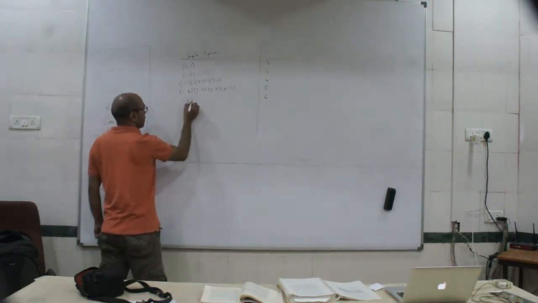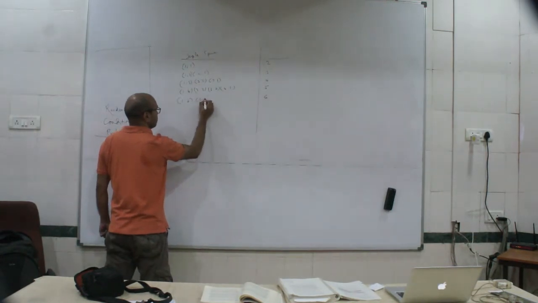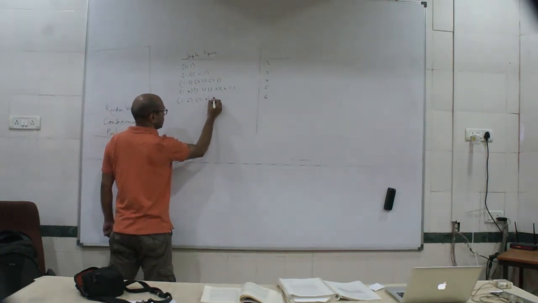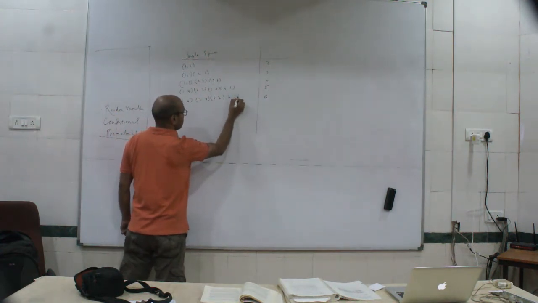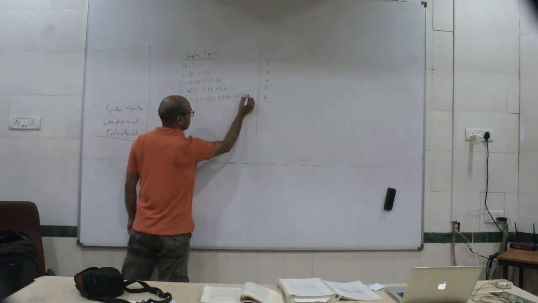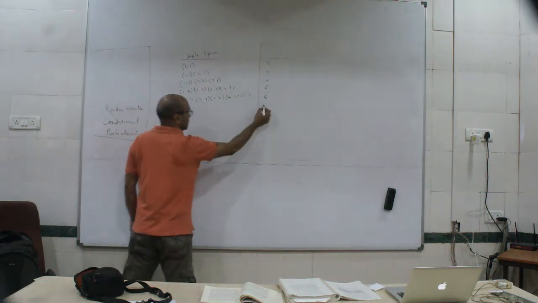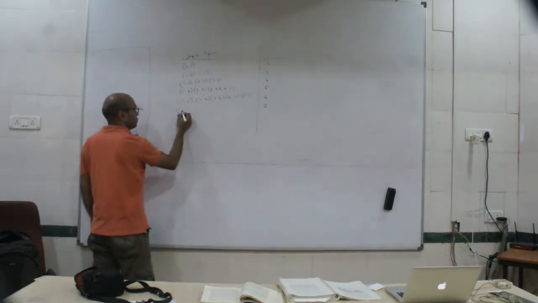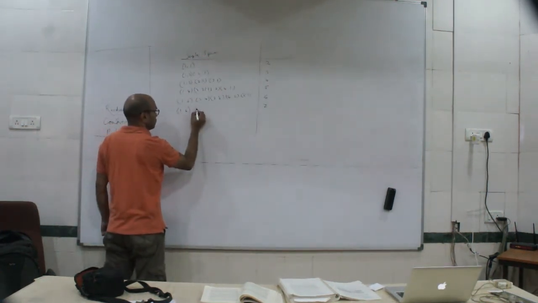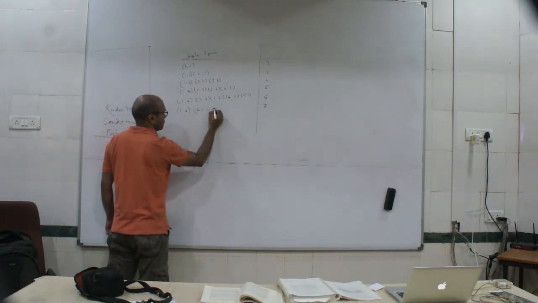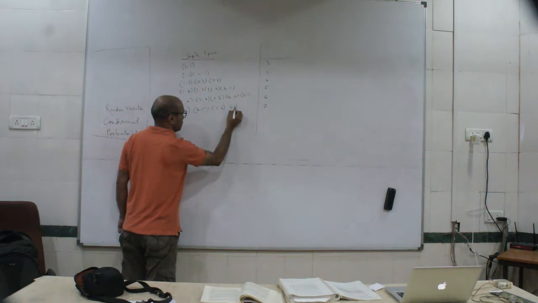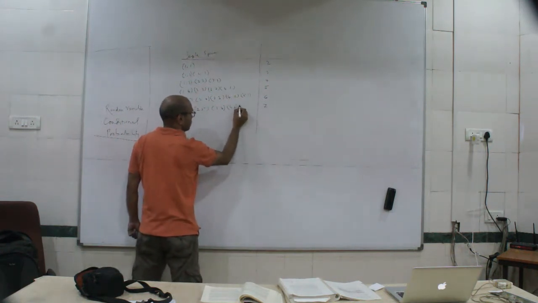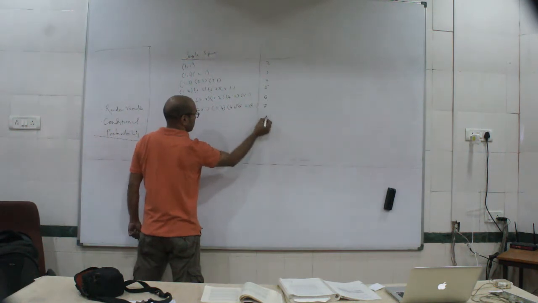For 6: 1, 5, 2, 4, 3, 3, 4, 2, 5, 1. For 7: 1, 6, 2, 5, 3, 4, 4, 3, 5, 2, 6, 1.